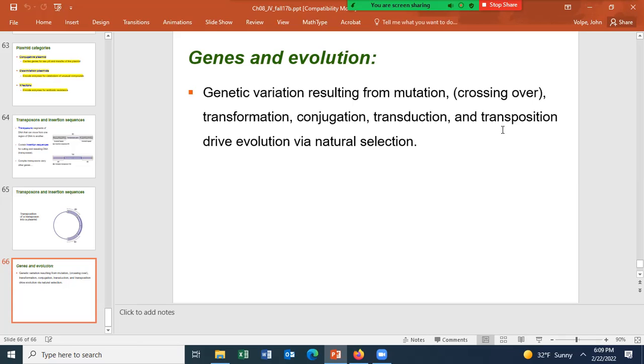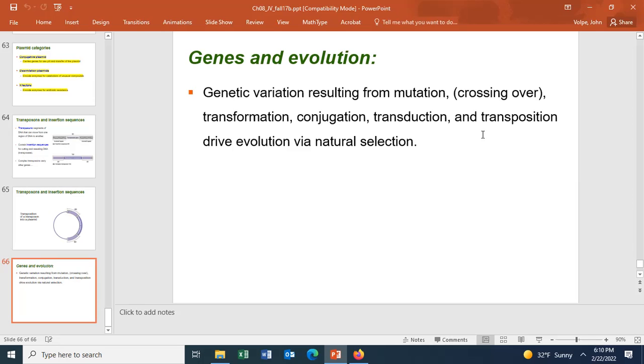Transposition is similar to crossing over in that it helps new combinations of genes come together. All of these can shuffle the genetic variation in a population, and then evolution can happen in a population as natural selection selects for the genetic variants that have the greatest reproductive effect.